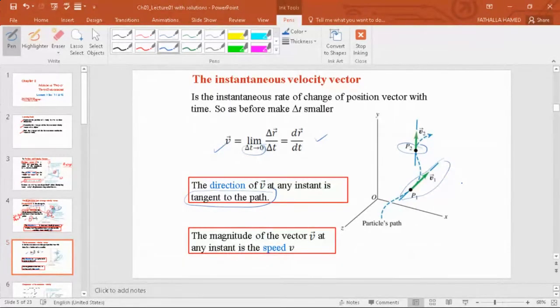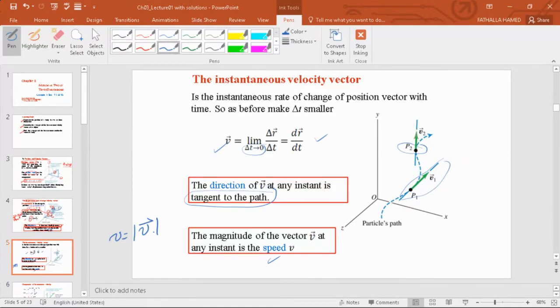So this is one thing that you have to keep in mind here. And then we say the magnitude of the velocity vector, we call it the speed. So the speed here will be the absolute value of v.